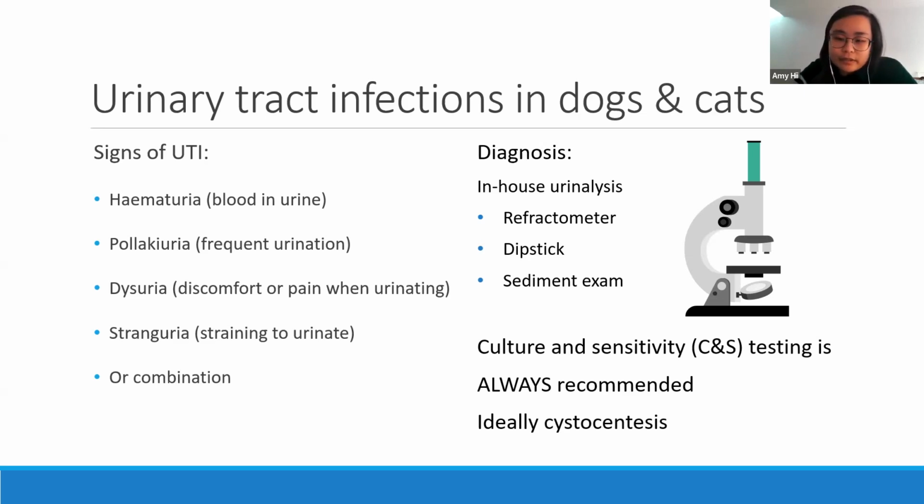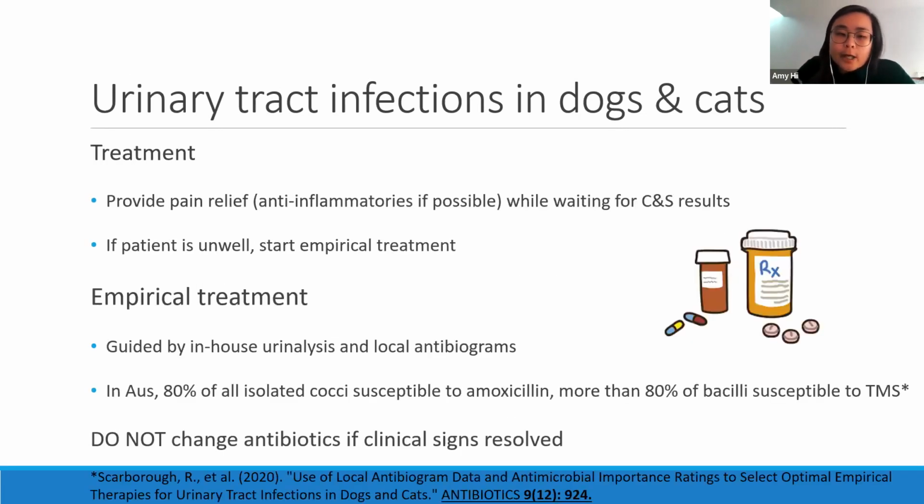Therefore, it is quite important to obtain positive culture and susceptibility testing results before commencing antibiotics, so that antibiotics are not unnecessarily used. Often supplying some pain relief with an anti-inflammatory is sufficient while the clinician awaits the C&S results.